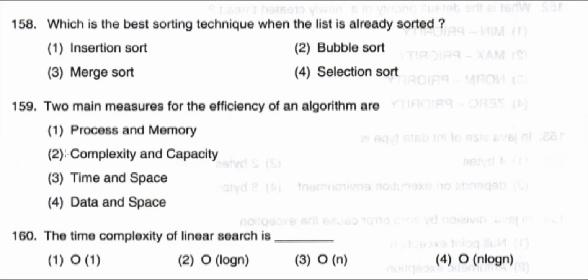And the computational space, meaning when I start computing the solution, how much extra space it consumes. That is also one of the things which affects algorithm efficiency. So the right answer is time and space, option three, for question 159.